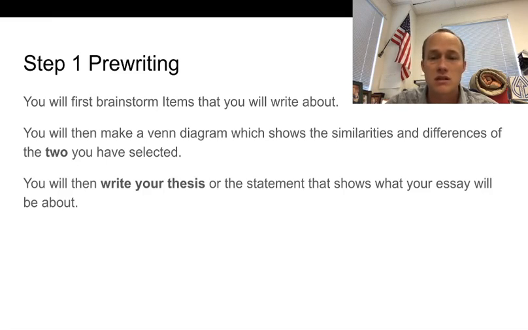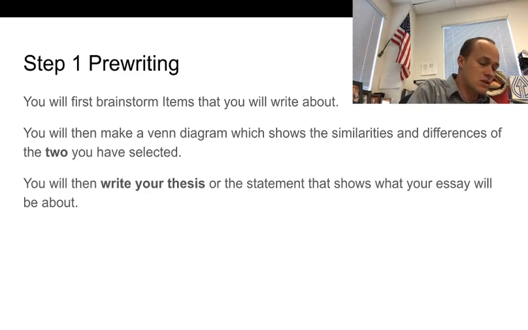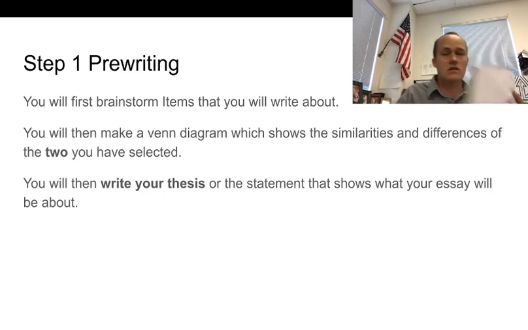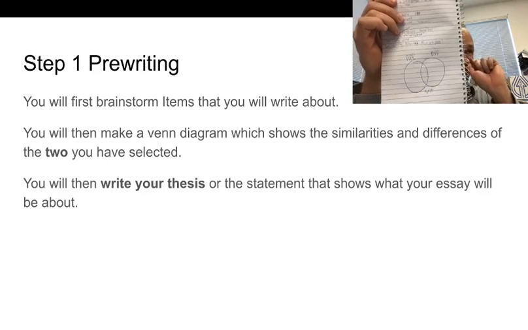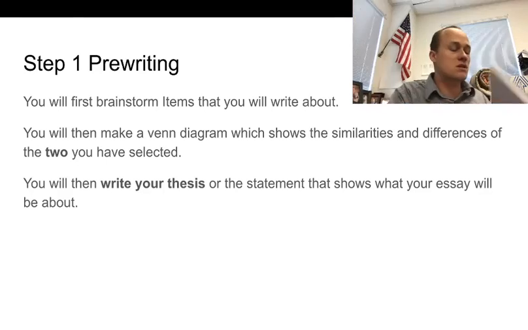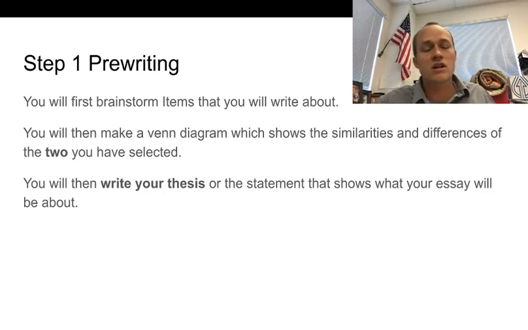And then you're going to make a Venn diagram. Actually, I should have put this in the slideshow. Your Venn diagram is going to look kind of like this, where in each of the circles, the bigger part, you're going to have the differences between the two items, and in the middle, you're going to have the similarities between the two items.